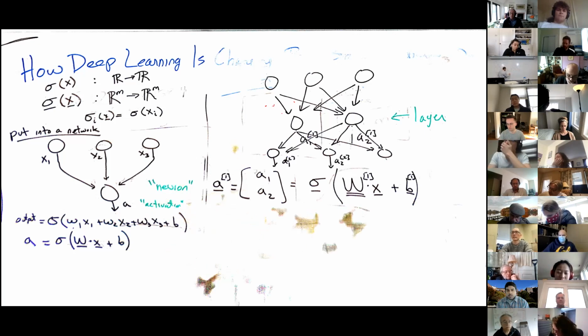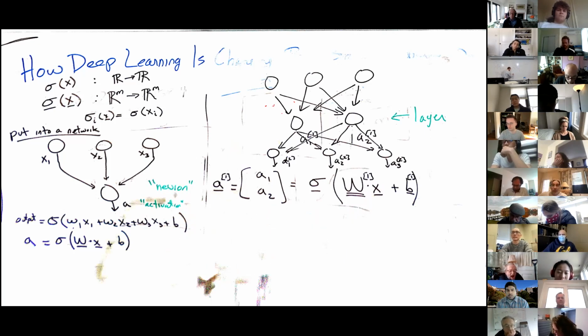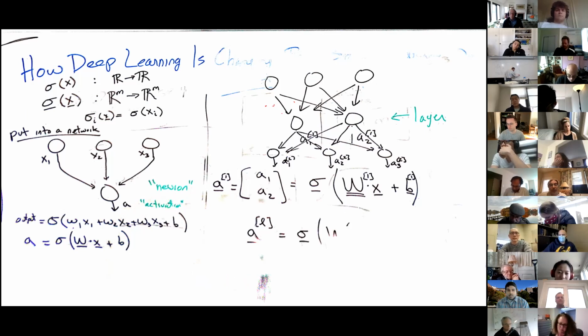Let me rewrite this formula. The activation vector in layer L is going to be sigma, a weight matrix of layer L, dotted with X plus a bias for layer L.